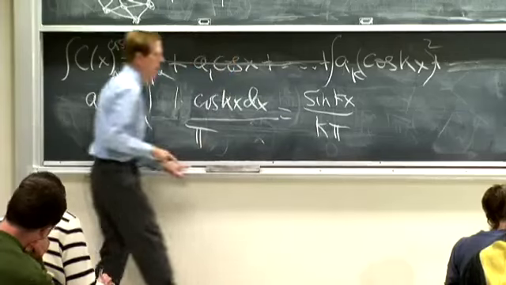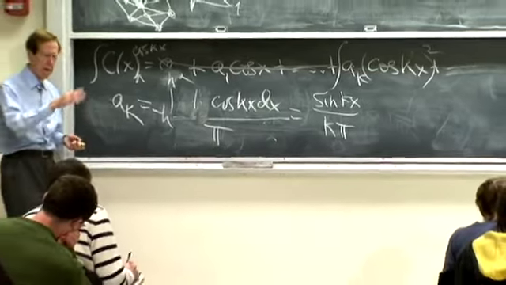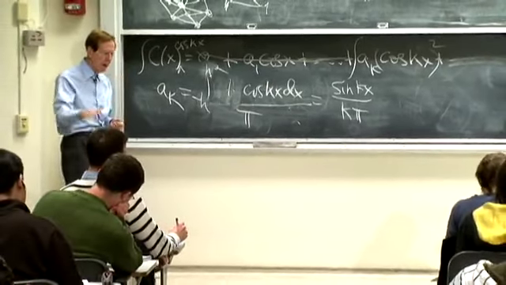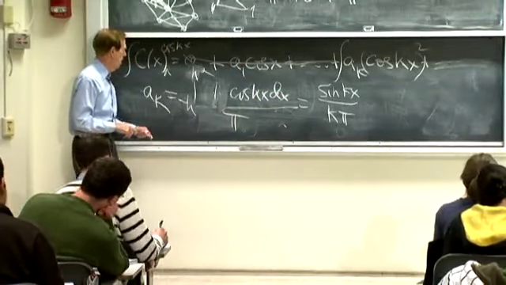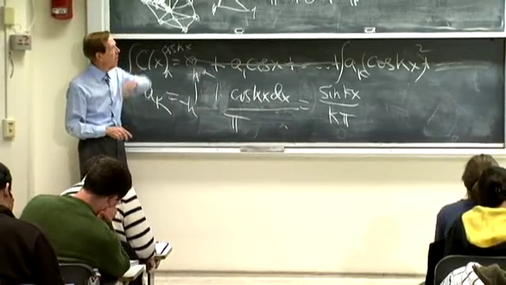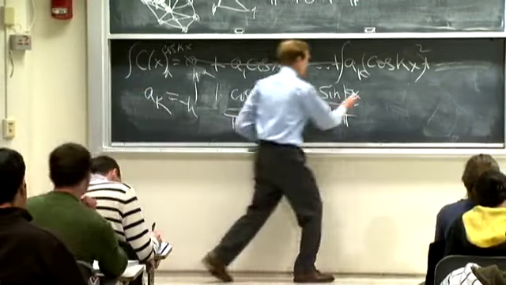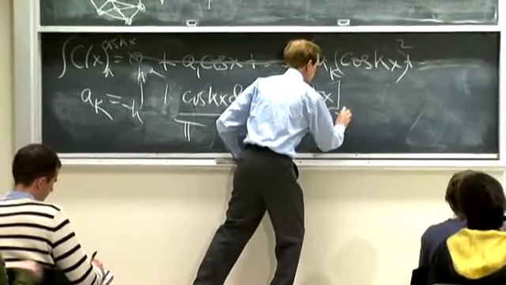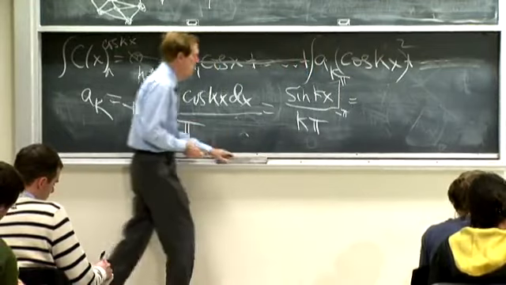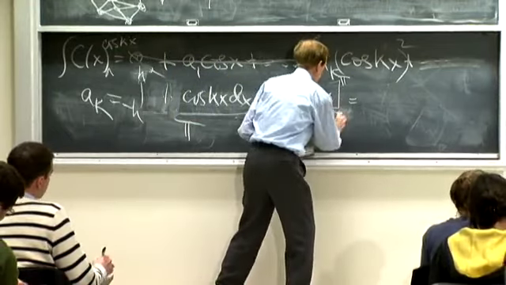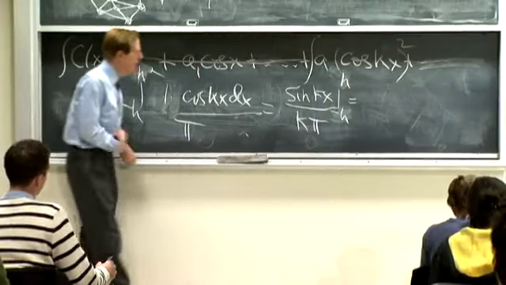You see again that k is showing up in the denominator, and that's going to give me the typical decay rate of 1 over k for functions with steps, for step functions. And now I have to evaluate this between minus h and h. So what do I get for that?